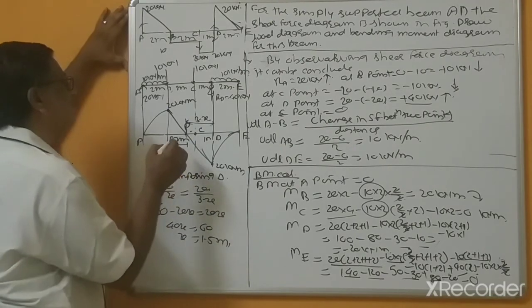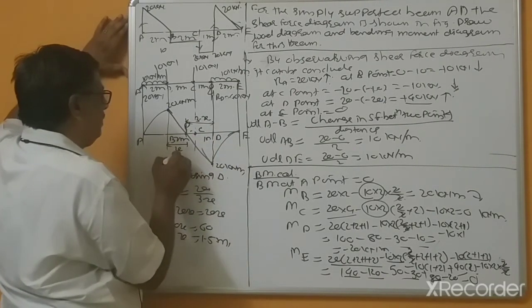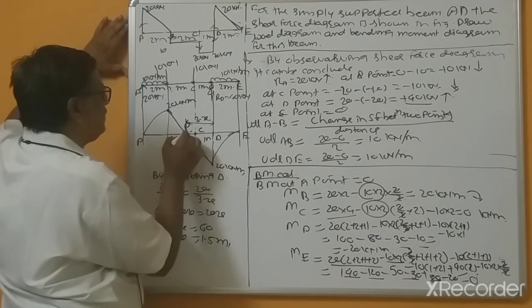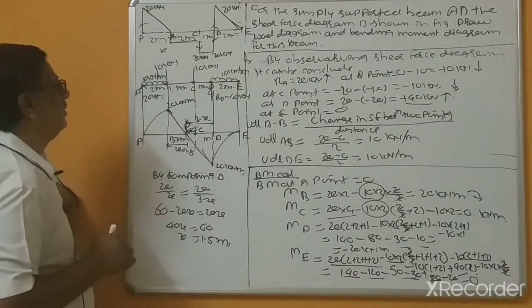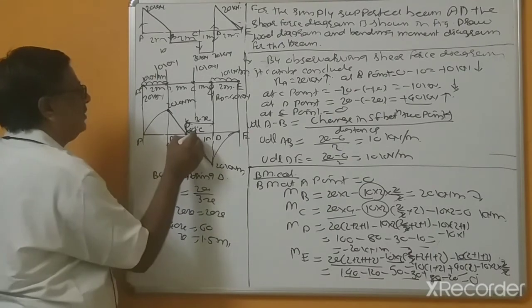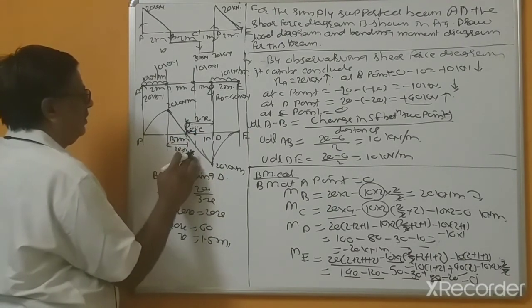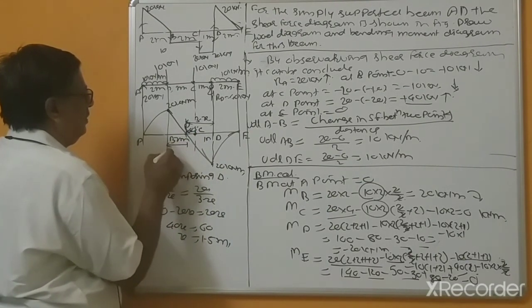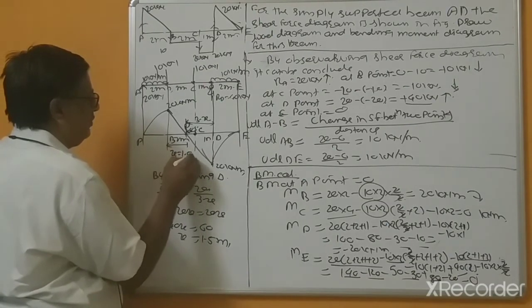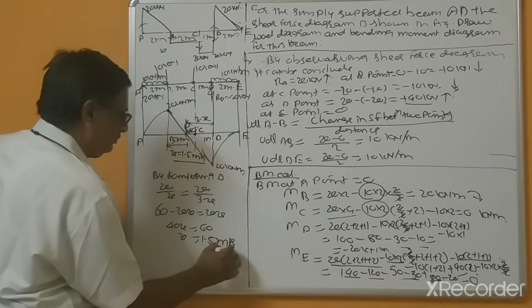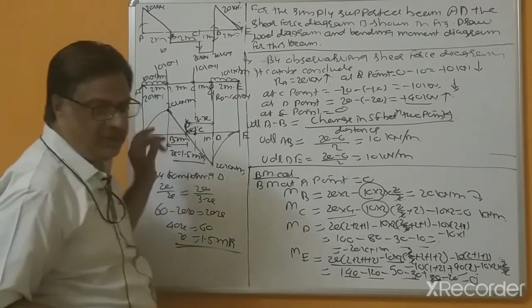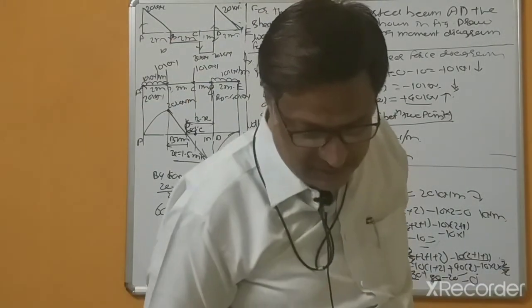So this distance equal to 1.5. That's why this distance equal to 0.5 meter. This distance x equal to 1.5 meter. This is your expected answer.